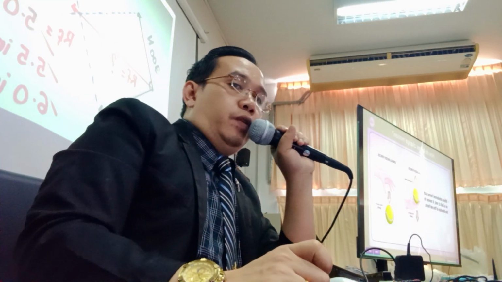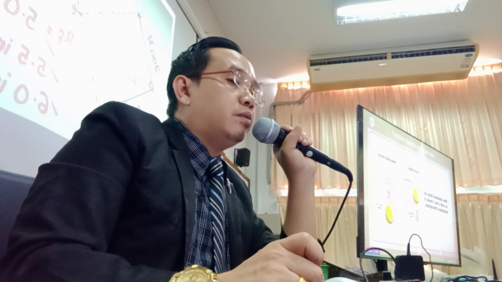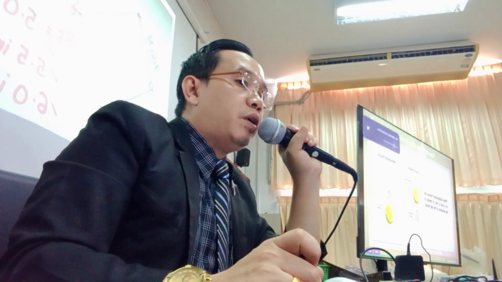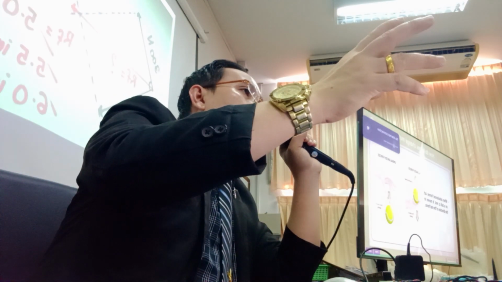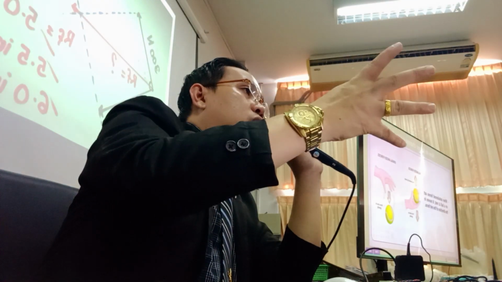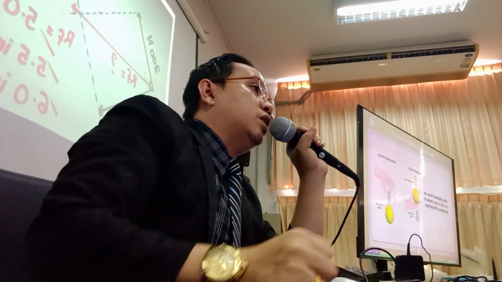So when unbalanced forces act on a ball at rest, it moves in the direction of the net force. If you remember last time, go back to Newton's first law of motion, between balanced and unbalanced forces.